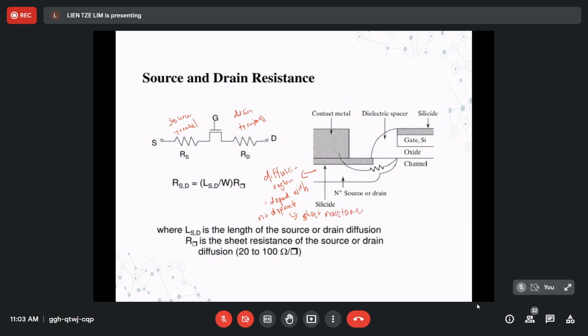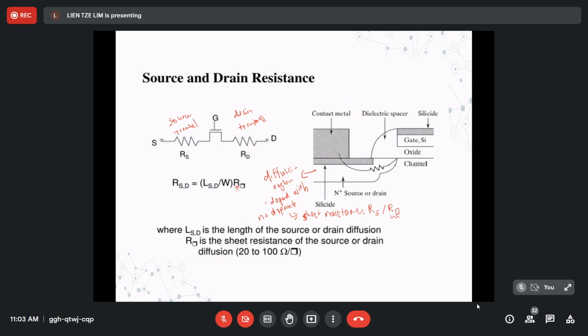Sheet resistance is defined as RS. I don't know what the symbol is called, but we usually call this the sheet resistance. So you see here, this is the sheet resistance.